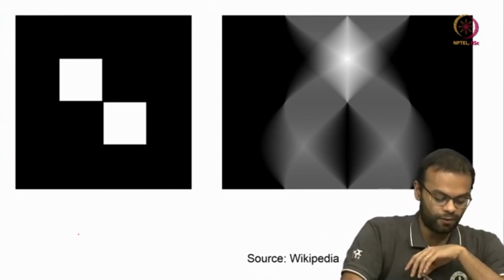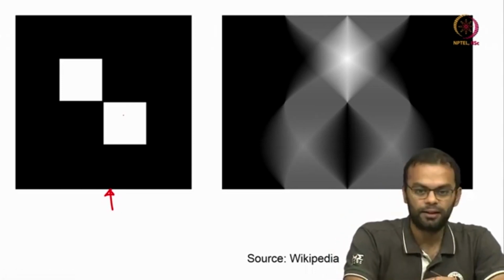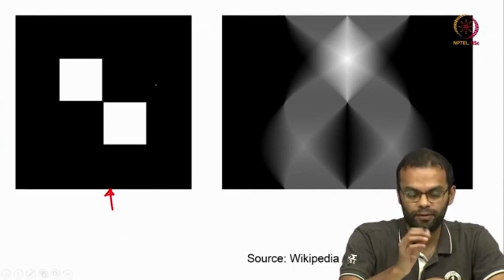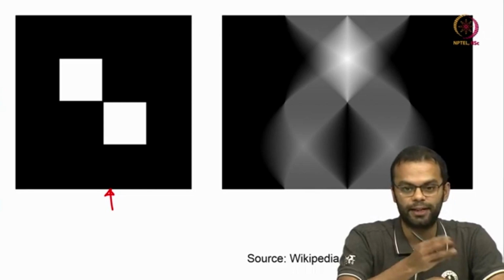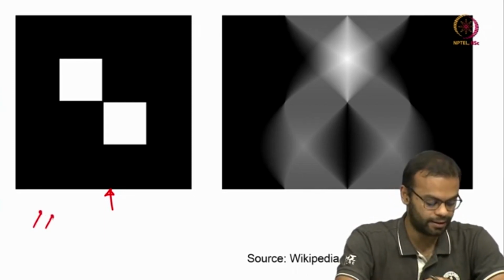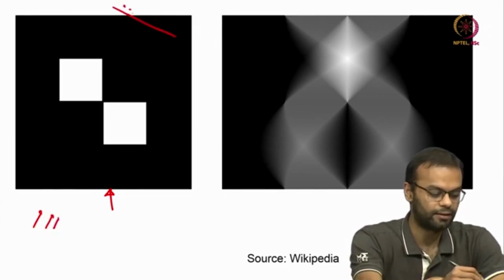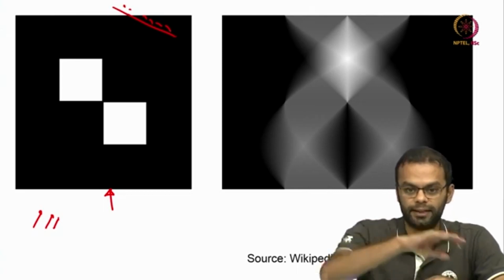So what we have here on the left is our actual function. Our function is non-zero inside the white squares and it is 0 everywhere else. So this is our cross section. Assume this is a highly cartoonized version of somebody's head and you are doing a cross sectional scan. You pass x-rays like this, you have a detector here and you measure, and you get an intensity distribution.